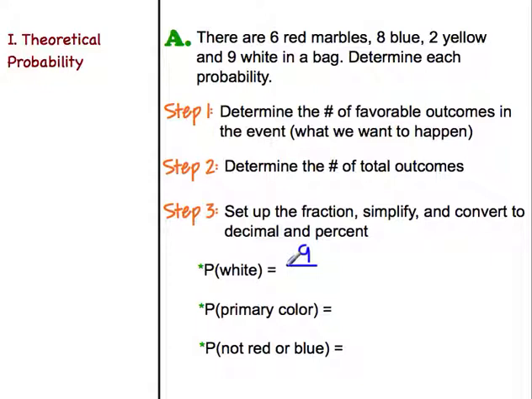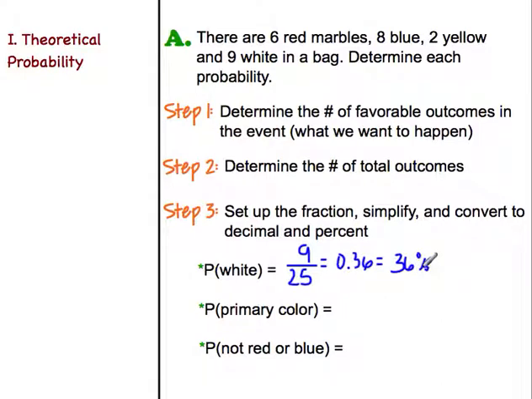If I add these up, 9 plus 6 is 15, and 8 plus 2 is 10, so I know I have 25 total marbles to choose from. If I calculate 9 divided by 25 on a calculator, I get 0.36, which is equal to 36%.